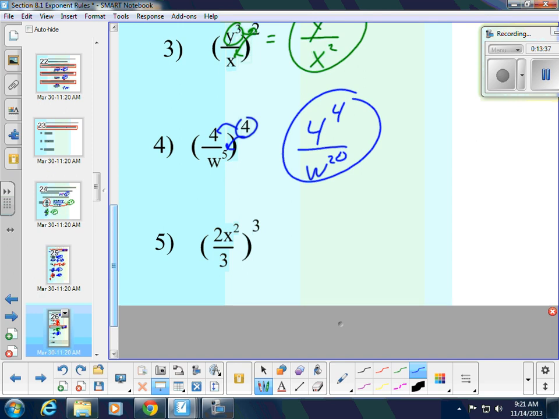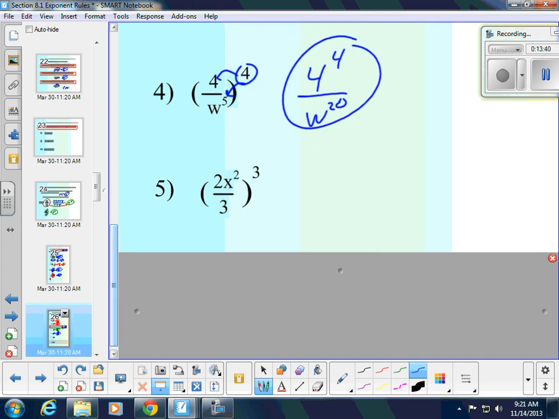Number 5 here. There's just something extra inside the parentheses now. We have 2x squared, and then over 3. Again, all these things are divided, right? And kind of like the example I had at the very top of the page, these are multiplied. And all this is to the 3rd power. So I'll ask students, well, what do you think will happen in one like this?